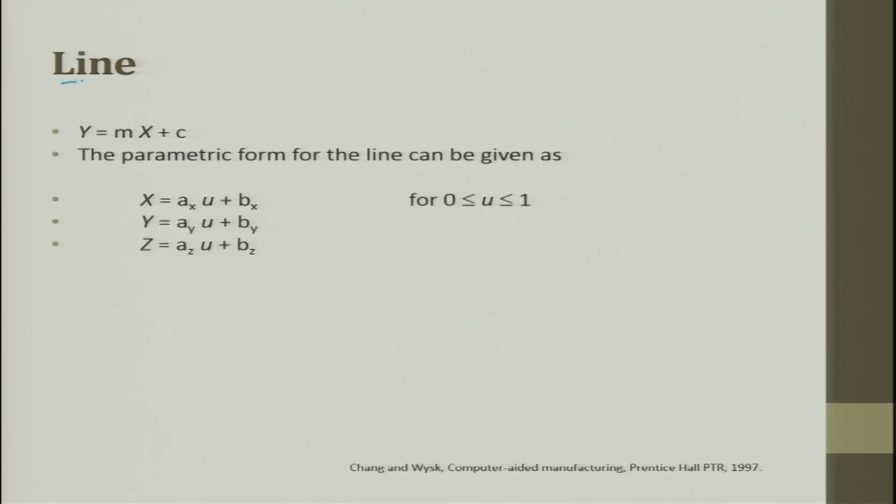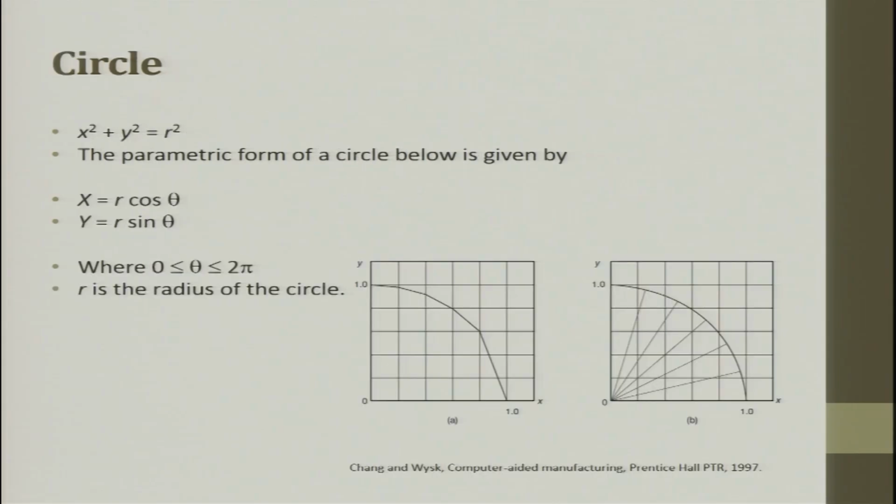If you want to represent a line, which is a simple equation in parametric form, you represent it as x, y and z. Now you see u takes a value between 0 to 1. When we have to represent a simple circle, it is x square plus y square equal to r square.